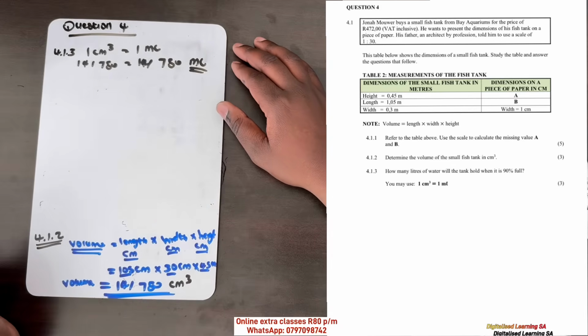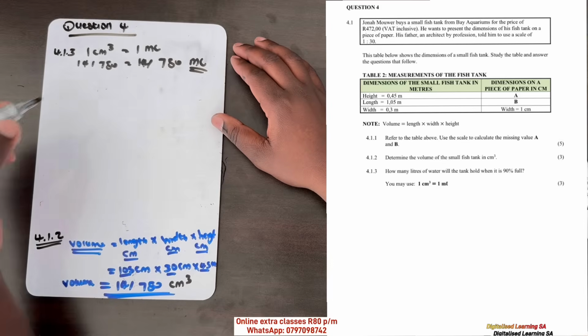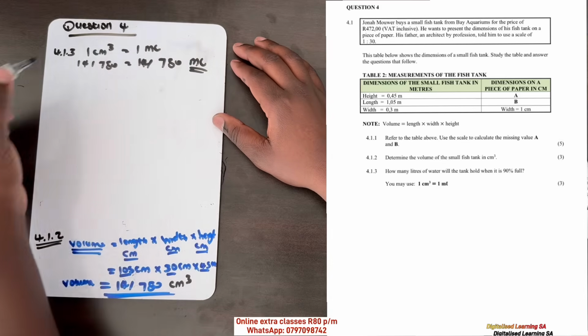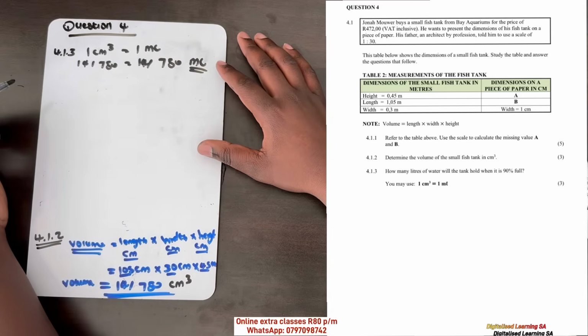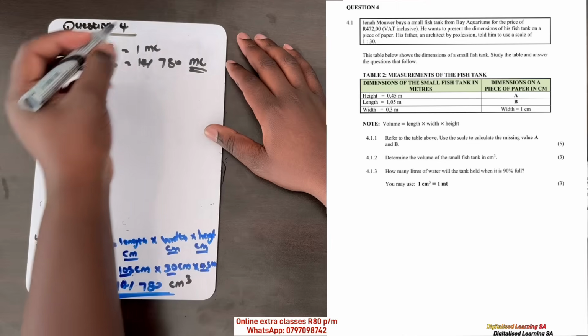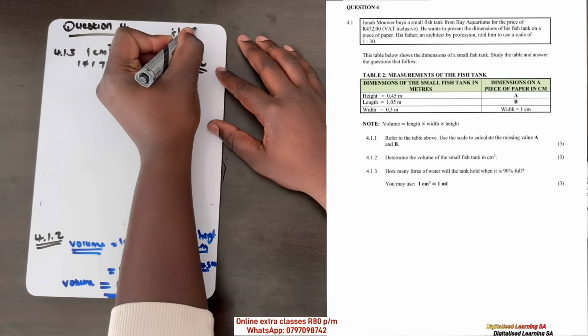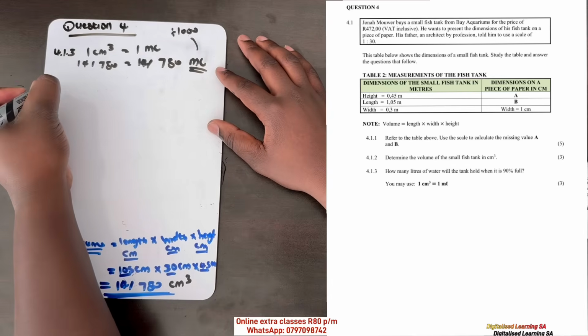Now remember the question is asking how many liters of water the tank will hold when it is 90% full. So now we need to convert our milliliters into liters, and we know that if we want to convert milliliters into liters, we divide by 1000.